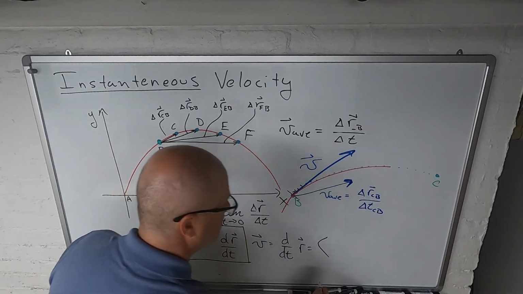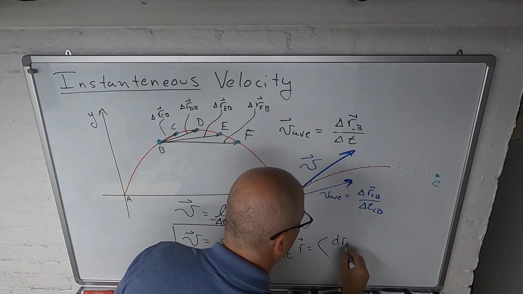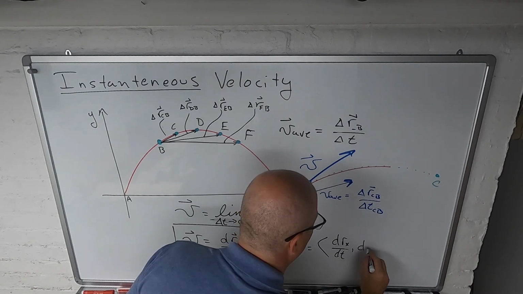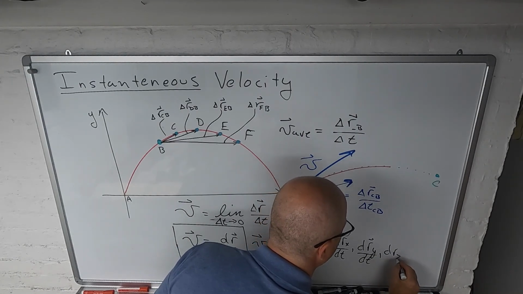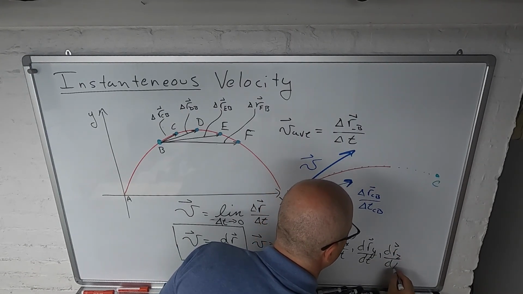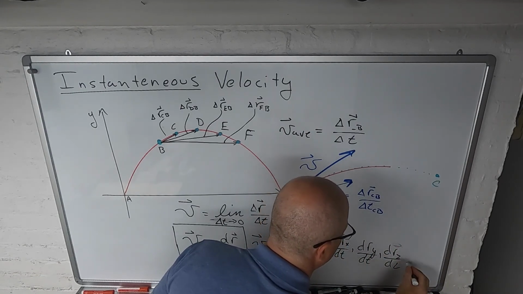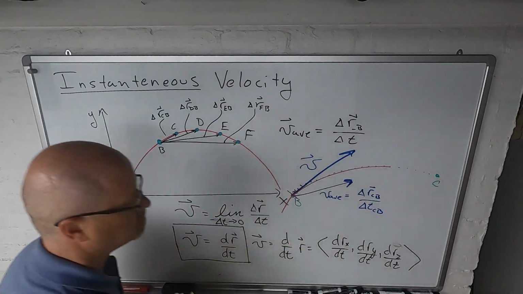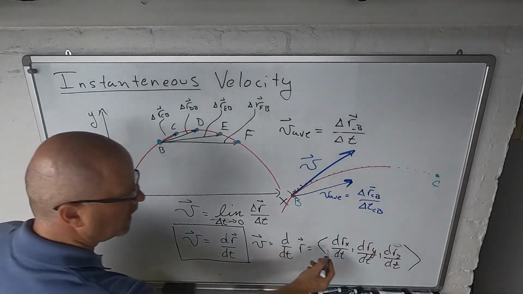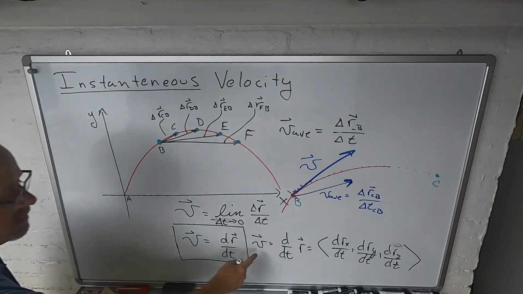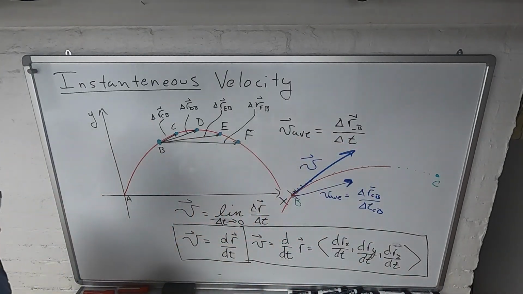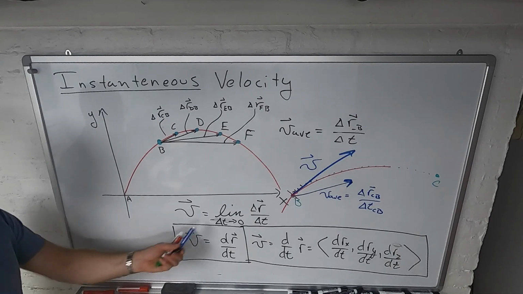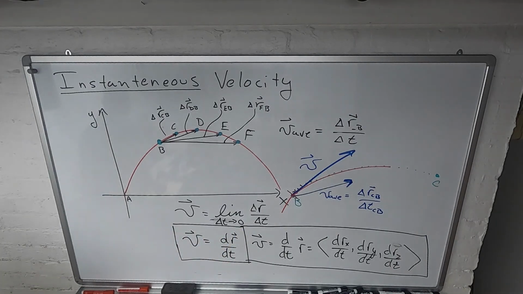And I can now put that into the bracket dr sub x dt, dr sub y dt, and dr sub z dt. These are not vector quantities. Okay? So this is how we define the instantaneous velocity for our vector r that's changing in time as the limit as delta t goes to 0. Okay, so that's how we define velocity.